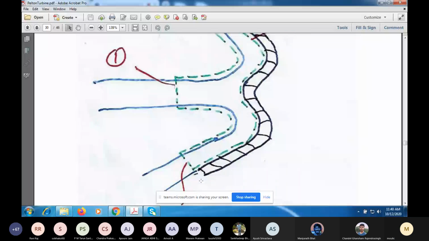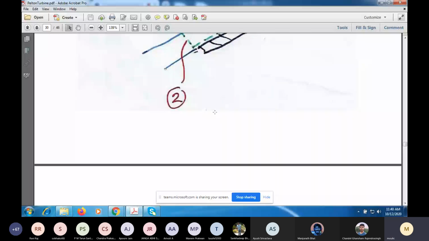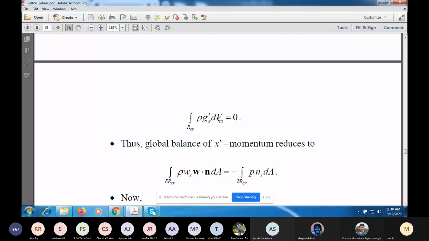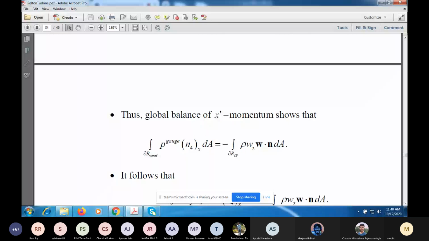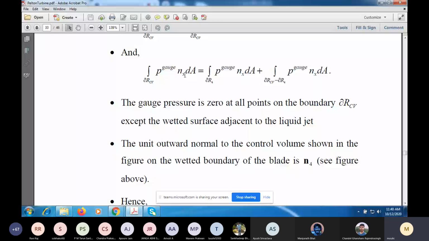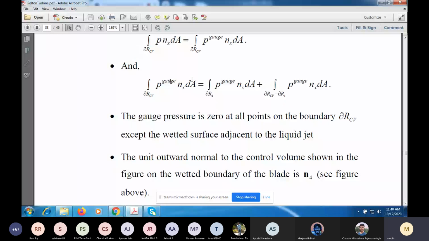All right. So if I look at this integral, I can write it as the sum of two integrals. The first is the integral over the surface 4, and the other is an integral over the remaining surface.